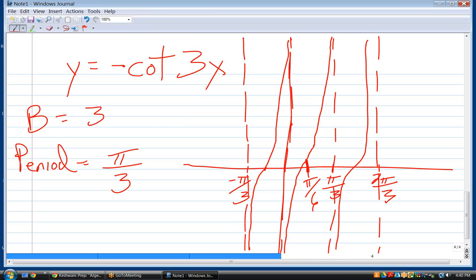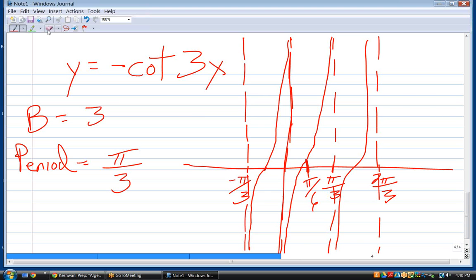Okay? So, if I gave you this curve without telling you what it was, your first reaction would be, that looks like a tangent curve, right? Yeah. So it's not easy to distinguish between a tangent curve and a negative cotangent, or vice versa, a cotangent and a negative tangent.